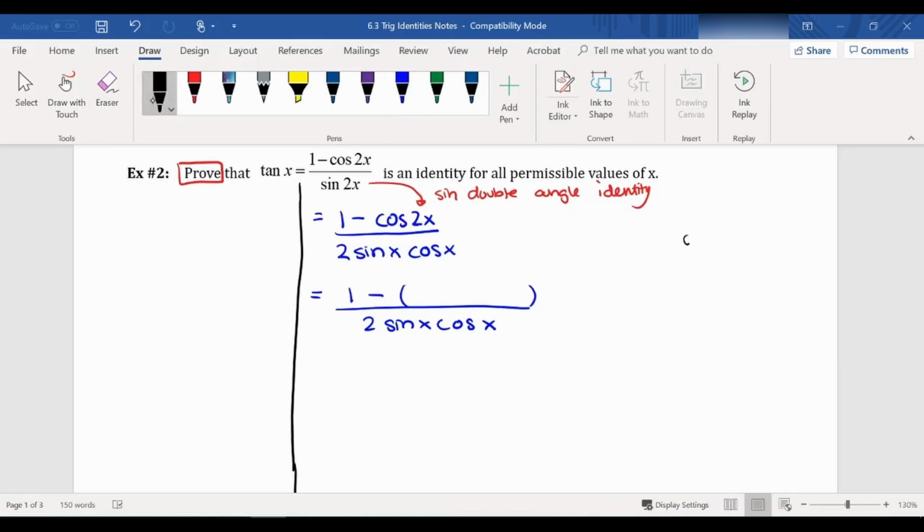And my options for cosine 2x are 1 minus 2 sine squared x, 2 cos squared x minus 1, or cos squared x minus sine squared x. Okay, you'll notice this looks similar to an example we did in 6.2.